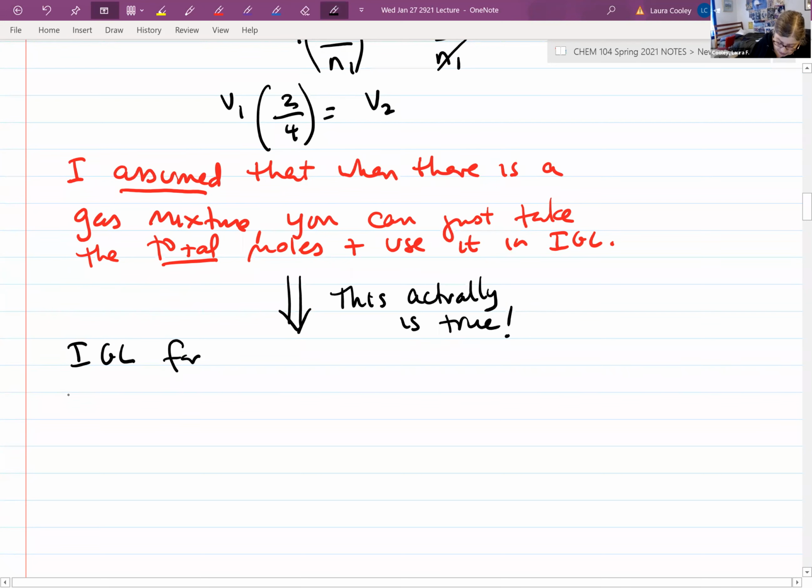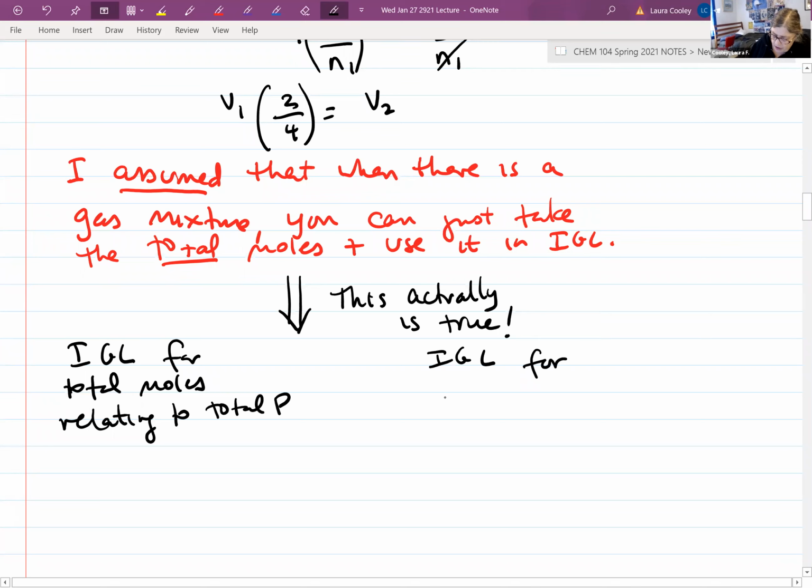relating to total pressure, and there's also an ideal gas law for moles of each component, which means each of the gases in a mixture, relating to what we call a partial pressure.